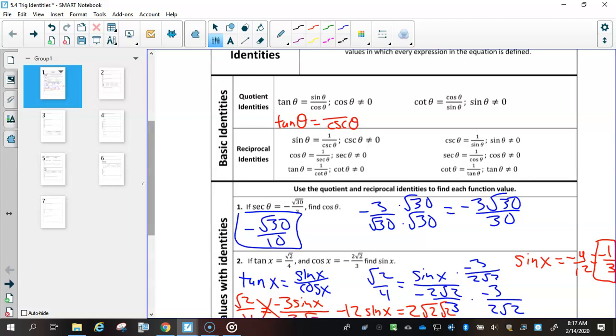And if sine wasn't there, it'd be 1 over cosine, which is the same thing as secant. So I could rewrite tangent as secant over cosecant. And then cotangent would then be cosecant over secant, being the reciprocal.